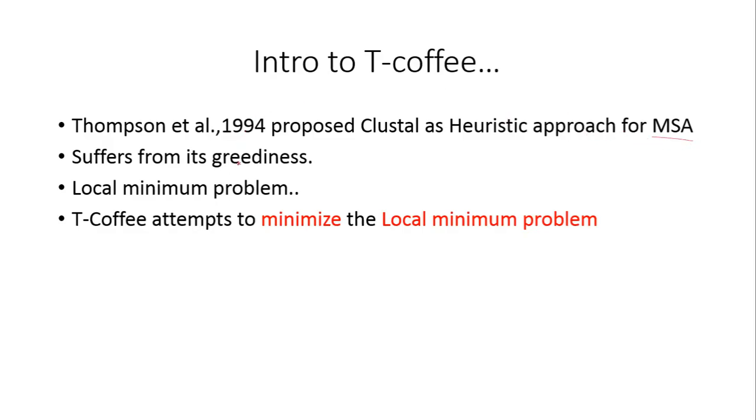As we have discussed so far, it suffers from greediness. It has something called the local minimum problem. Of these two normal problems that any progressive alignment strategy faces, T-Coffee attempts to minimize the local minimum problem. How it does that, I will demonstrate in our subsequent theoretical lectures.